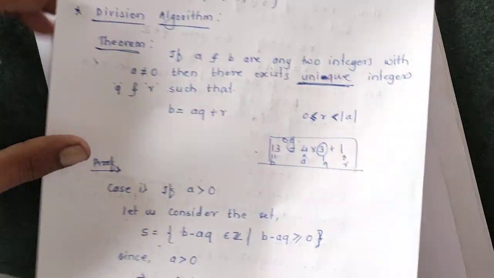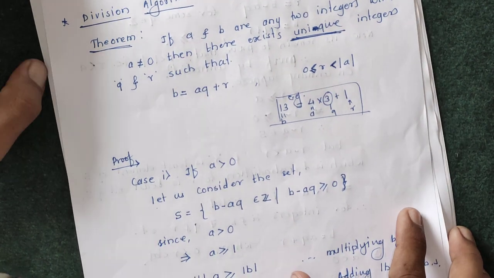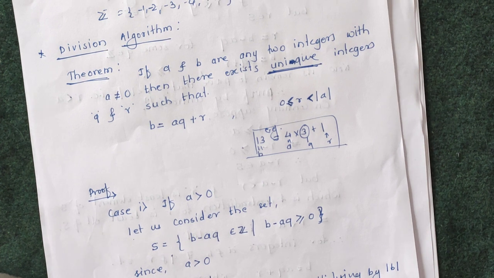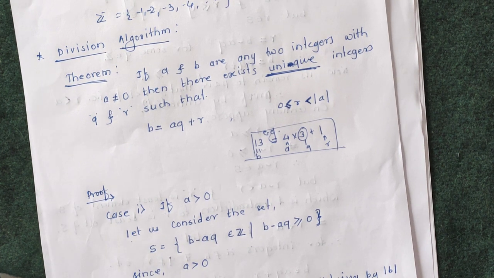Let us look over this proof once again. The statement of the theorem is, if A and B are any two integers with A non-zero, then there exist unique integers q and r such that B is written in the form B is equal to AQ plus R, where 0 is less than or equal to R less than mod A. That is, B is written in the form AQ plus R, where Q is the quotient and R is the remainder.